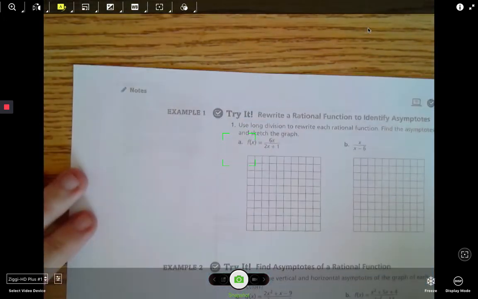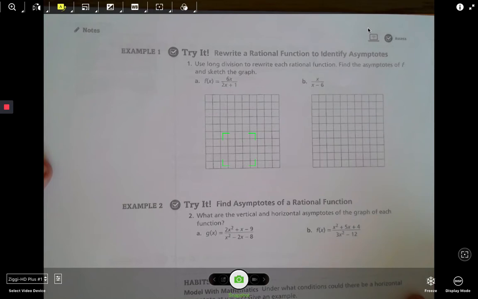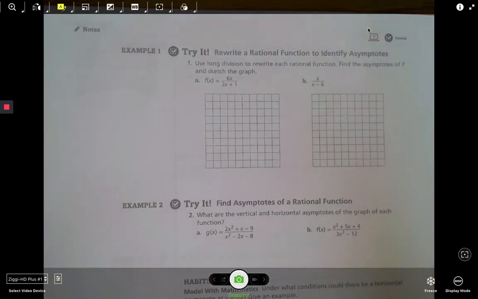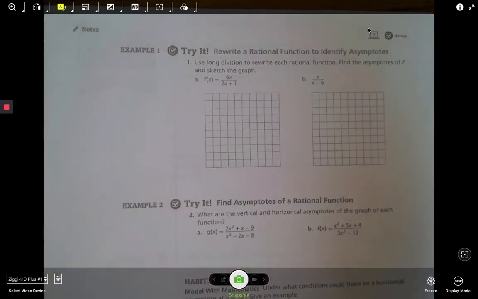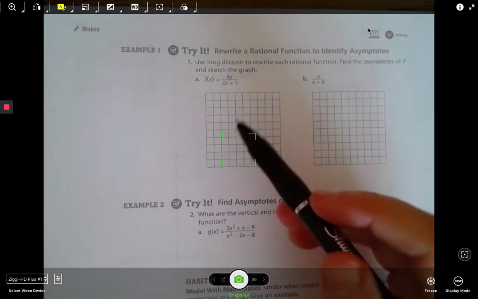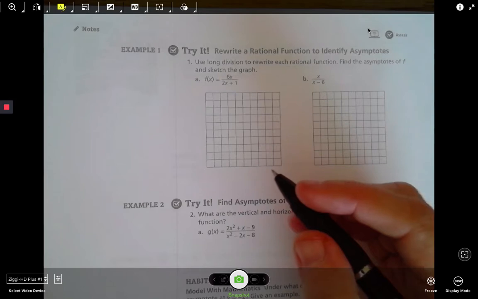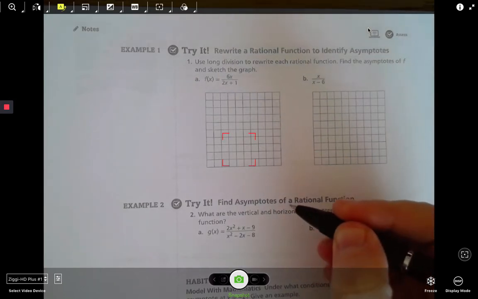We're just gonna look at each of these equations and figure out some characteristics of these equations, I guess would be the best way for me to word it. We are going to be given these equations, and we're not going to use long division and rewrite them to find the asymptotes.